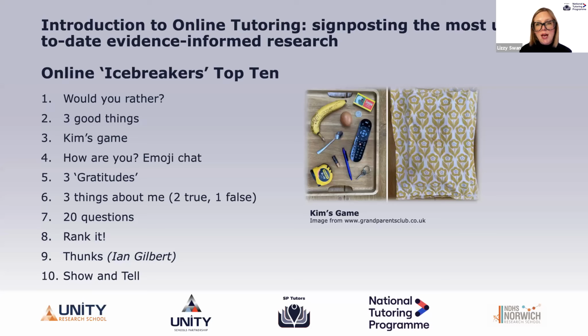You cover the tray, you remove an item, you show the children the items on the tray with 1 item removed, and the children have to tell you which item is removed. It's a very popular game. You can do this activity if you have a visualizer. It's great to be able to do it live, and you can make visualizers with a mobile phone if you're very, very technically minded, or you can just take photographs and upload those photographs onto your presentation.